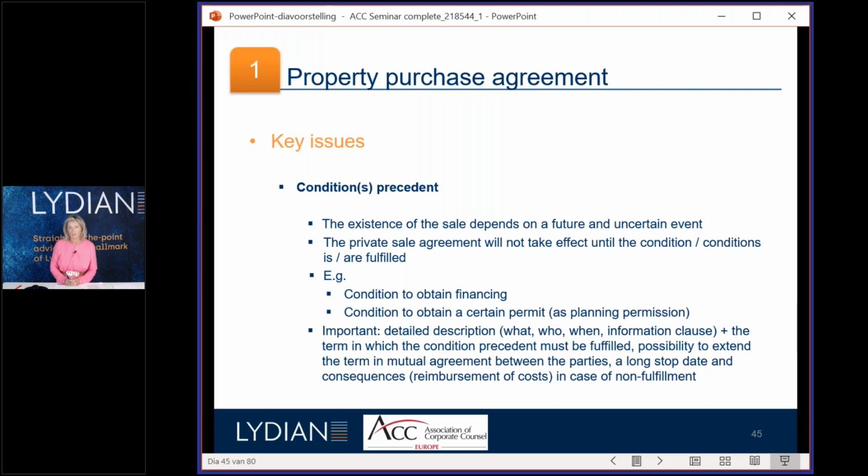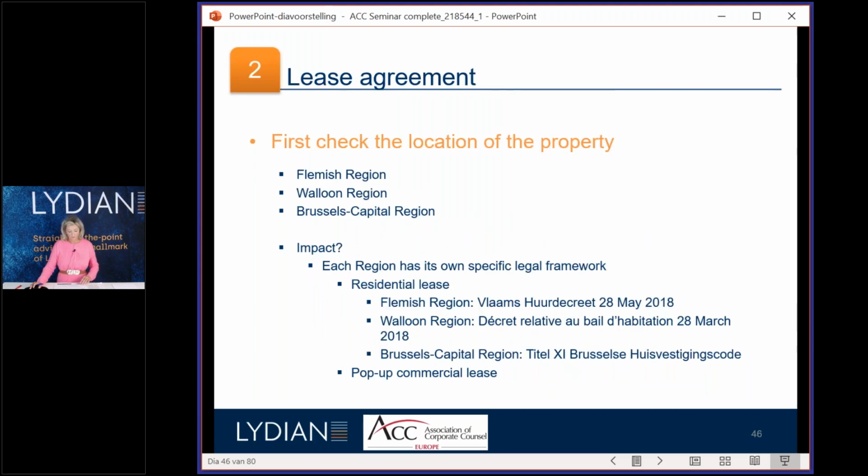And please also consider what will happen in case the conditions precedent have not been fulfilled. Will there be a reimbursement of costs made by one of the parties or both parties? We do advise you to take that into account.